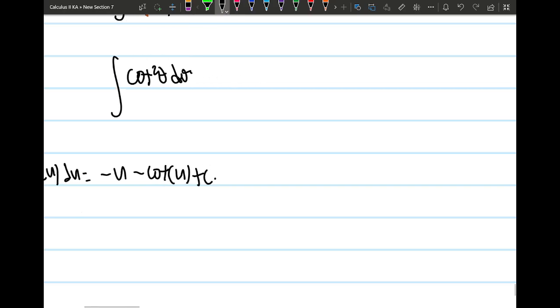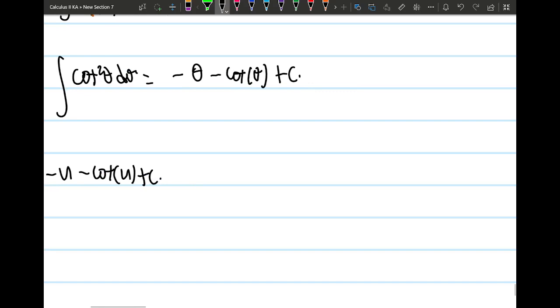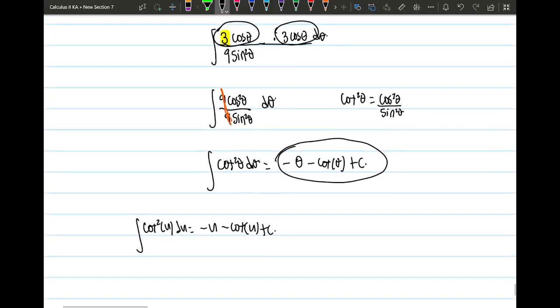So we know that this is going to be negative theta minus cotangent of theta plus our constant of integration c. This is what it would originally be if the whole thing was in trigonometric form.